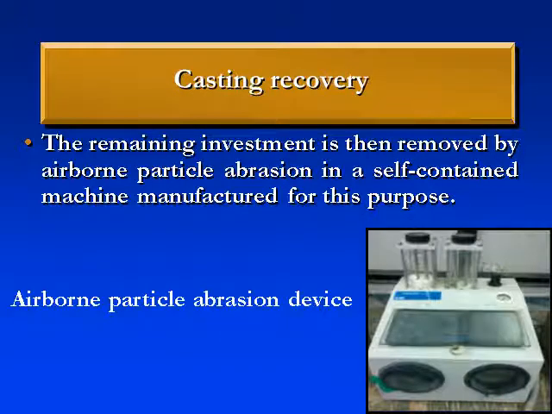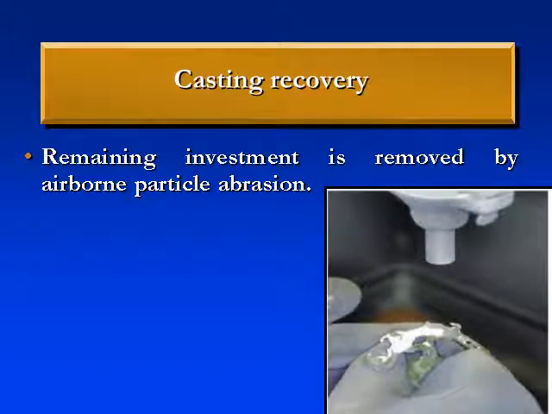After that, the remaining investment material in the critical area is removed by airborne particle abrasion, in a self-contained machine. That means there is a machine specially manufactured for the purpose of airborne particle abrasion. So the airborne particle abrasion device is ready for making abrasion and removing the remaining investment material from the metal framework.